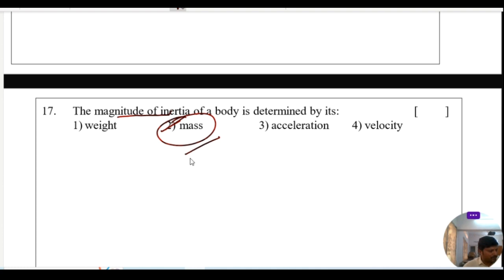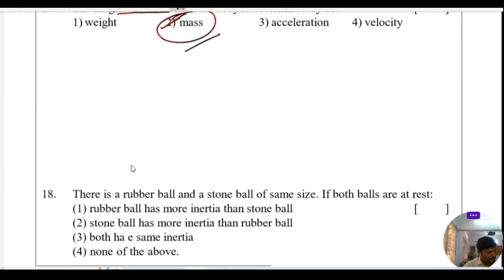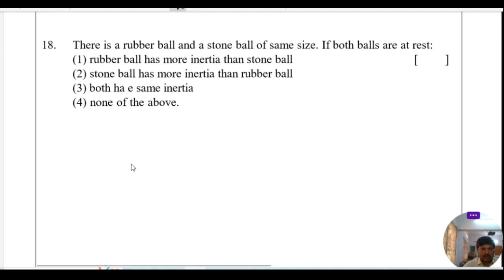Let's go to 18th question. There is a rubber ball and a stone ball of the same size. If both balls are at rest, which has more inertia?